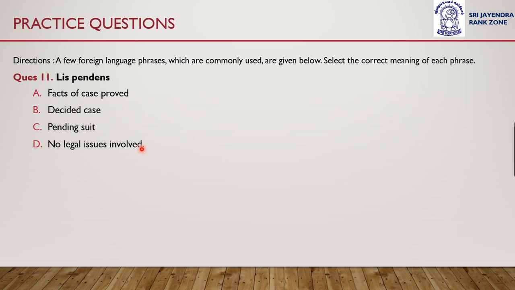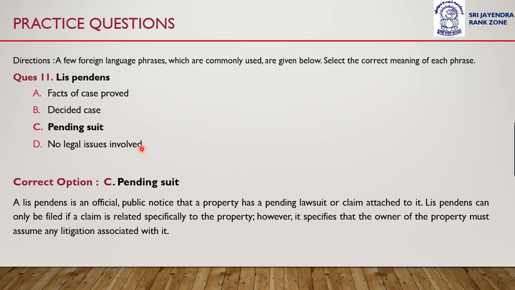The correct answer is option C, pending suit. Lis pendens means pending suit. A lis pendens is an official public notice that a property has a pending lawsuit or claim attached to it.